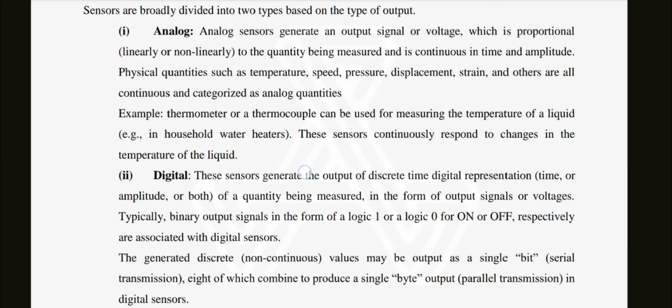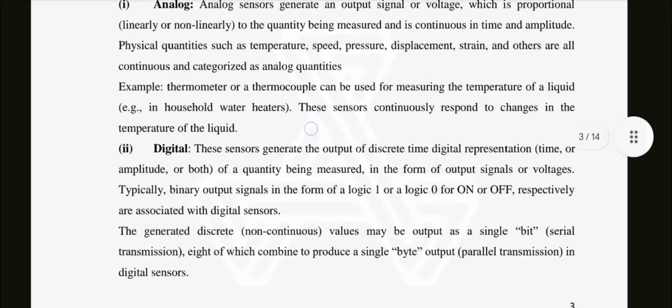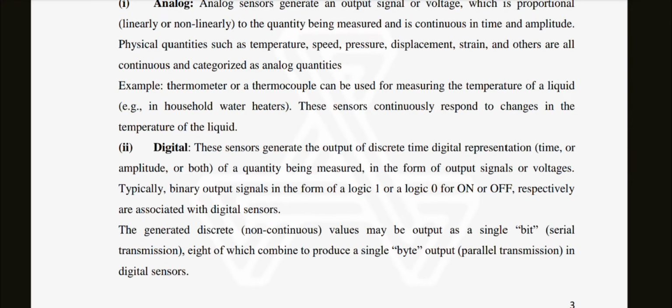Time or amplitude or both of the quantity being measured in the form of output signals or voltages. Typically, binary output signals in the form of a logic 1 or a logic 0, for on and off respectively, are associated with digital sensors.